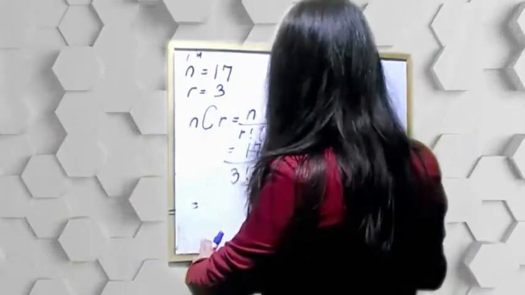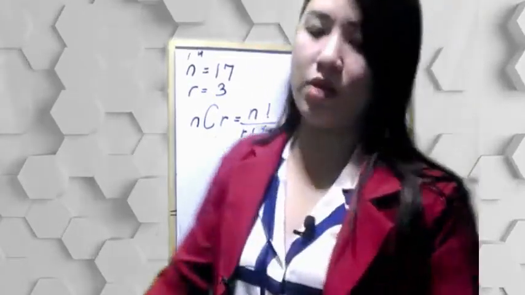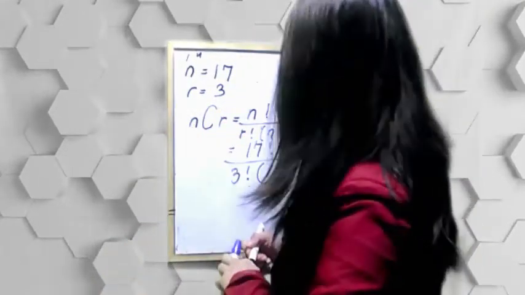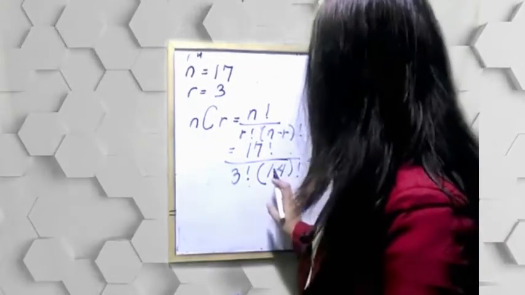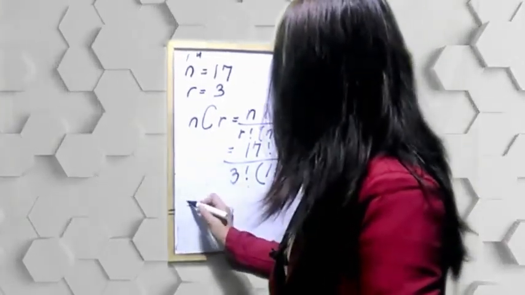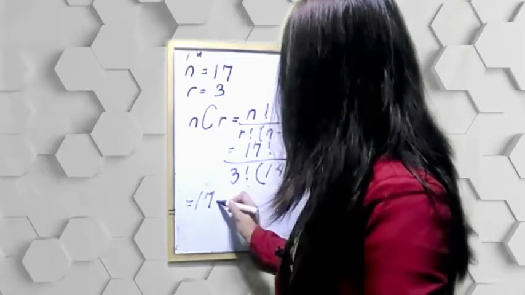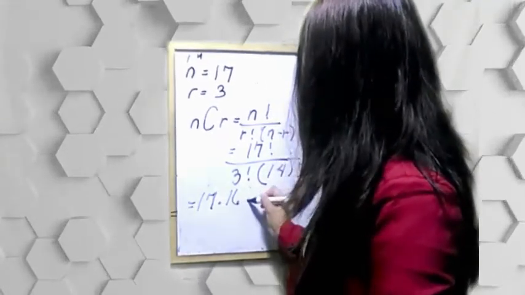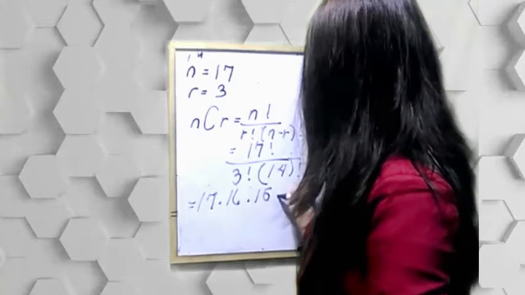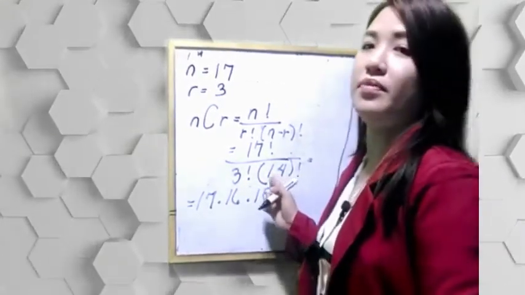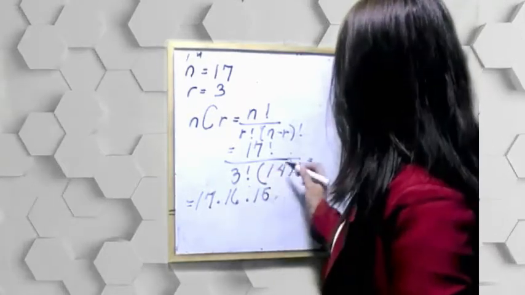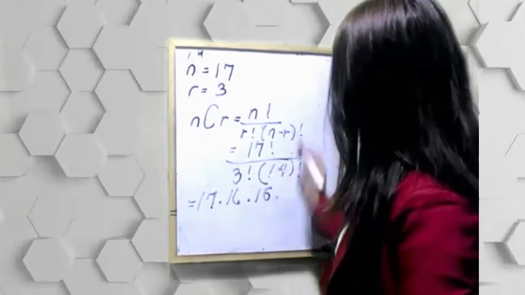But 17 factorial when expanded, you don't need to write everything, because as you can see we have 14 factorial, so we would stop at 14 factorial. So you would have only 17 times 16 times 15. That's it, because we have 14 factorial in the denominator, so we'll stop there because we will be canceling this one with the one on top.